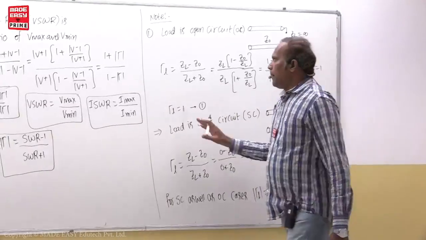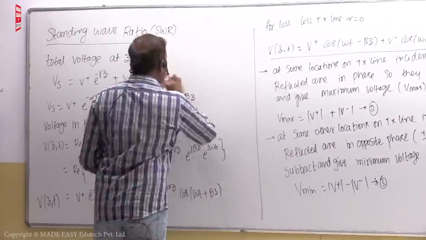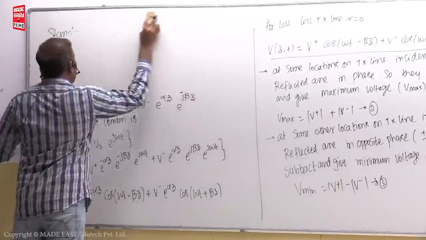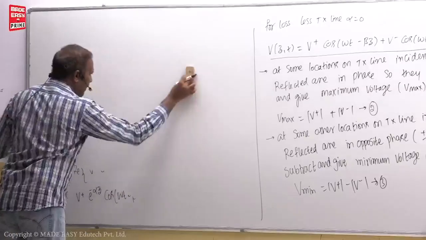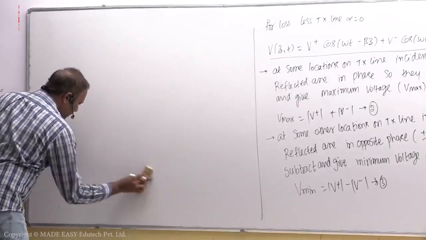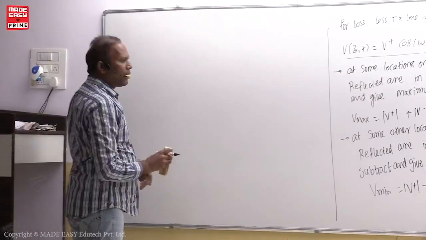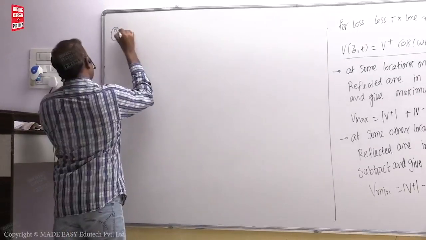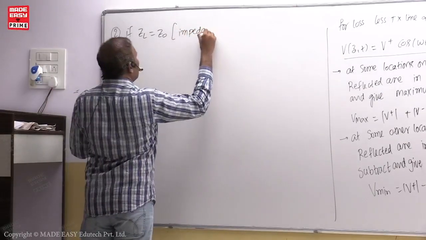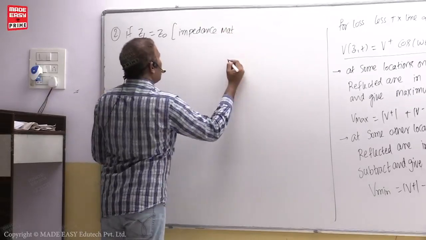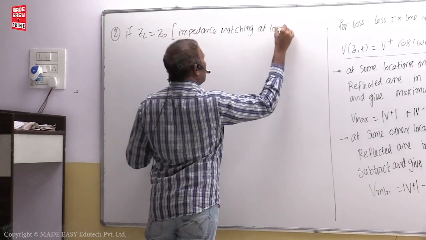So this is infinity. Now the second case: if ZL is equal to Z0, it means there exists a receiving antenna, and the input impedance of the receiving antenna is exactly equal to the characteristic impedance. So nothing is reflected. Everything is received by the antenna and radiated into the air medium. That is the meaning. So if ZL is equal to Z0, that is called impedance matching at the load.